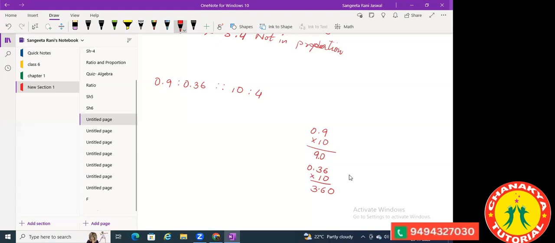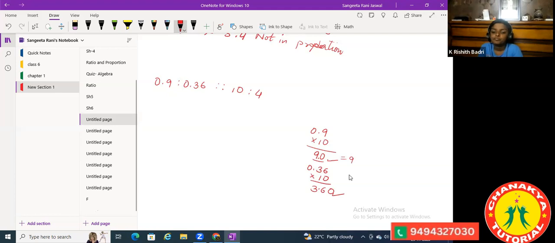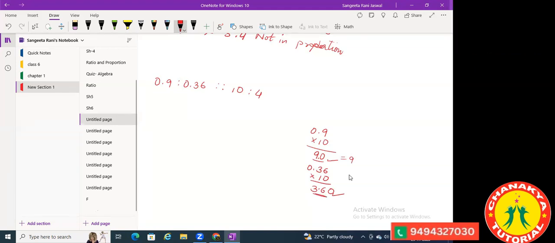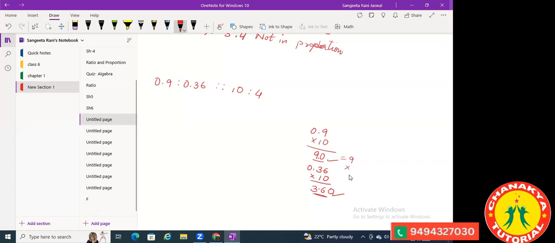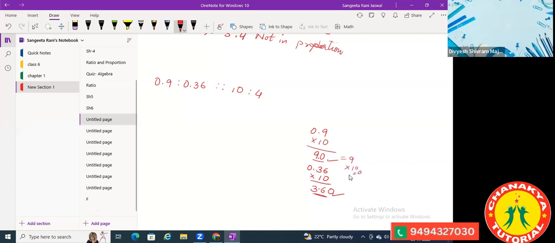But one thing here, look here, everyone. Even after multiplying with 10, I reduced the decimal point from this number. 9 is coming out to be 9. But 0.36 is still in decimal form. I want to reduce this also. So what will I do here? I will multiply again with 10. If I multiply this again with 10, then this will be 90.